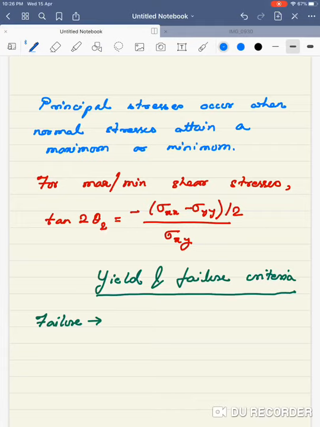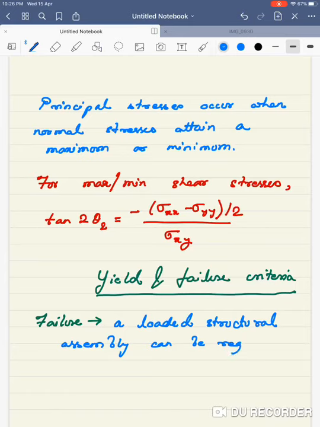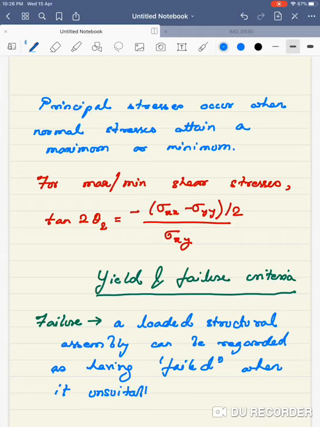So a loaded structural assembly can be regarded as having failed when it is unsuitable for intended use.